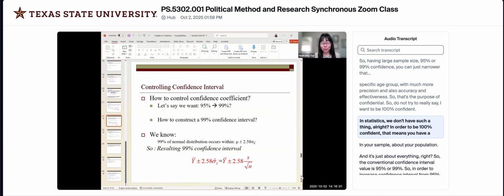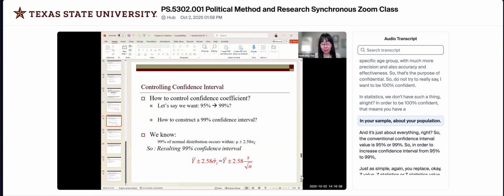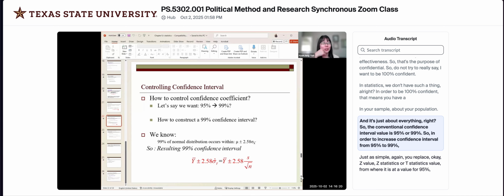In statistics, we don't have such a thing. In order to be 100% confident, that means you have everybody in your sample, about your population, and it's just about everything. All right. So the conventional confidence interval value is 95% or 99%.